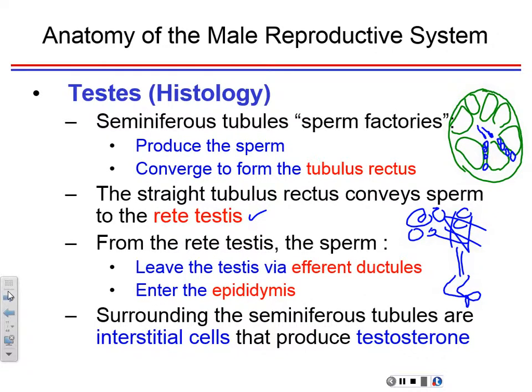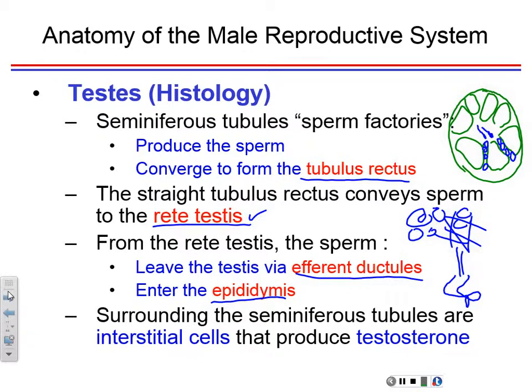Just remember the four different tubules the sperm go through while in the testis until it ends up in the epididymis via the efferent ductules. It goes 1, 2, 3, 4: seminiferous tubules, tubulus rectus, rete testis, then efferent ductules to the epididymis. So it only goes through 4.